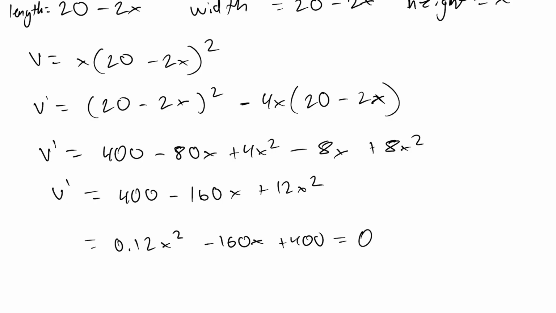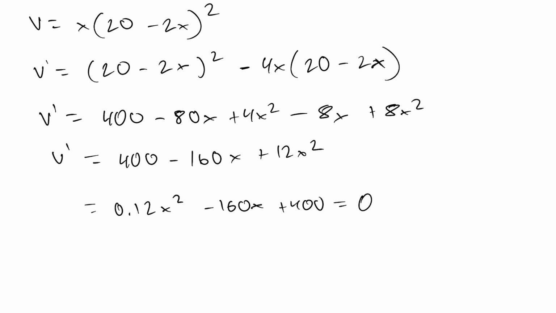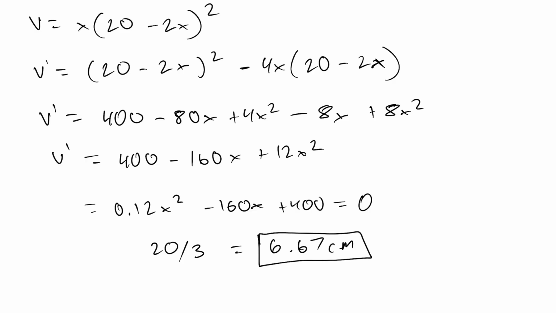And then when we solve for x, and you can run this into a calculator, we're going to get approximately 20 over 3, or if you get the exact value, it'll be about 6.67 centimeters. So we'll get max volume when the cuts are about 6.67 centimeters.